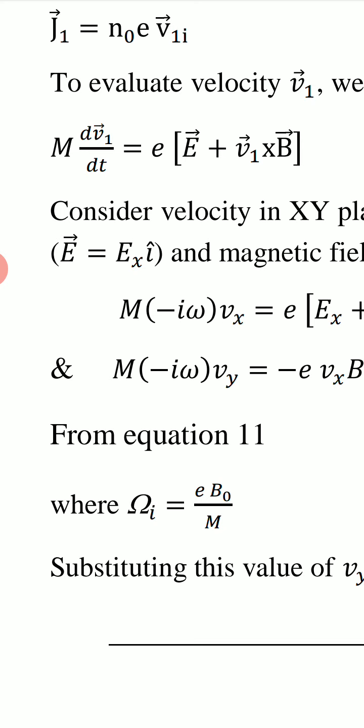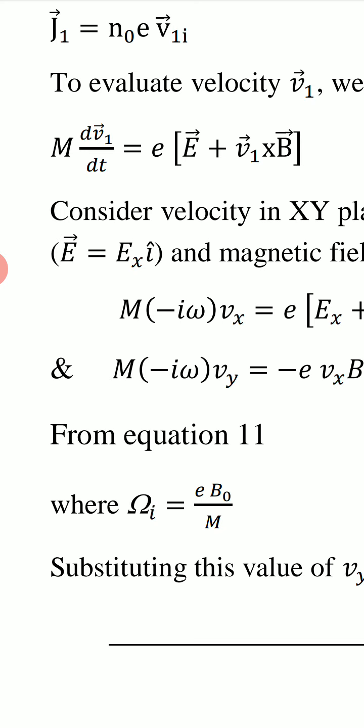So the force on ion is mass into acceleration: mass is capital M, and acceleration is dv1 upon dt. This v1 is v1i, the velocity of ion, and this force is equal to e into (E vector plus v1 vector cross B vector).